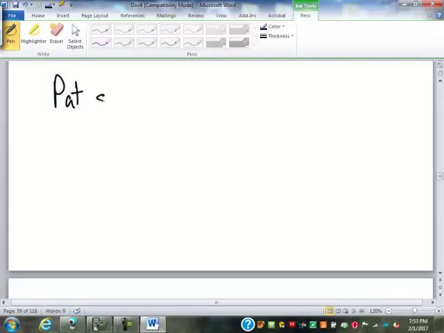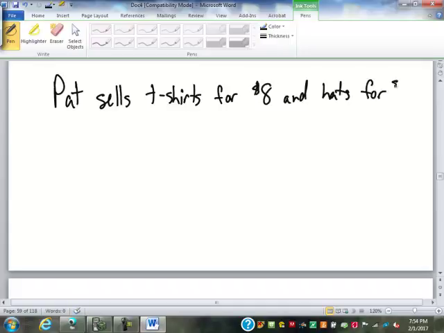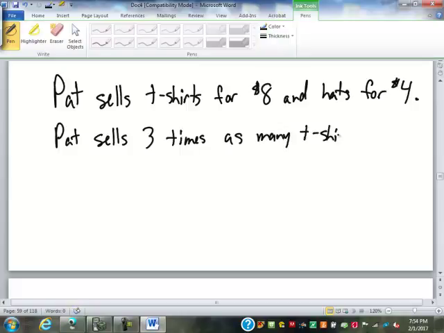Let's go back to Pat. Let's see. Pat sells t-shirts for $8 each and hats for $4 each. Pat sells 3 times as many t-shirts as hats.